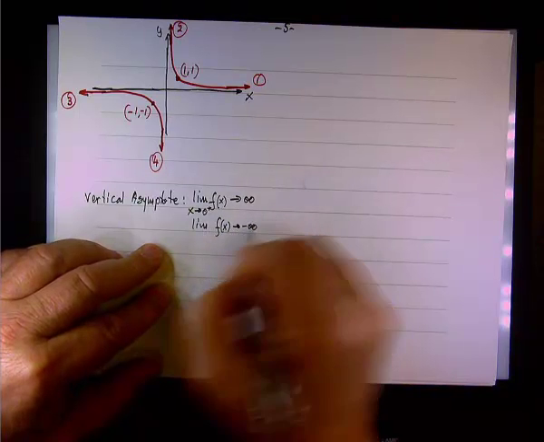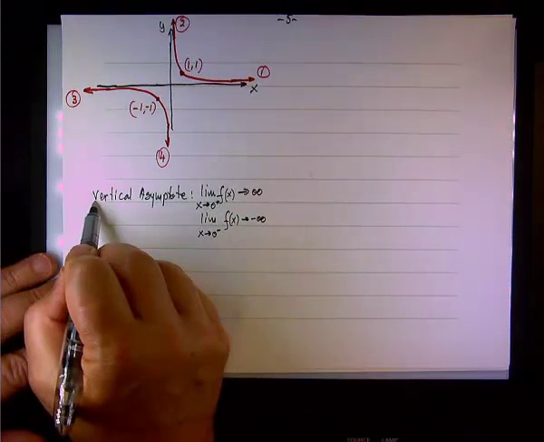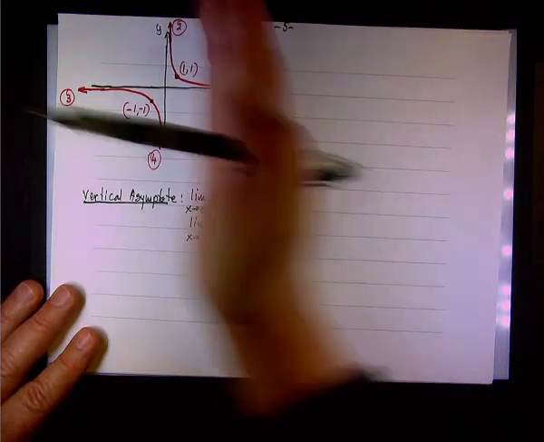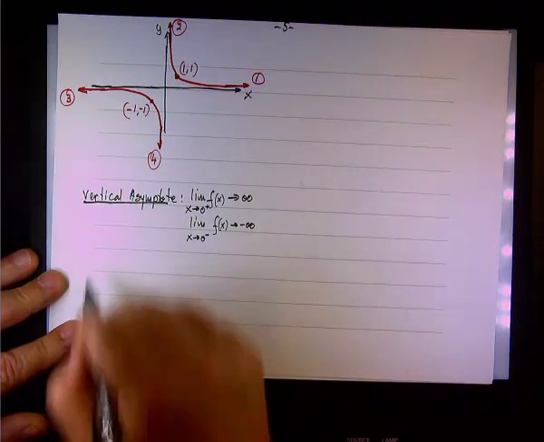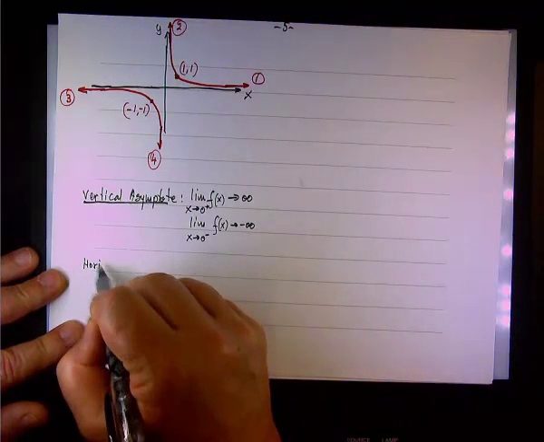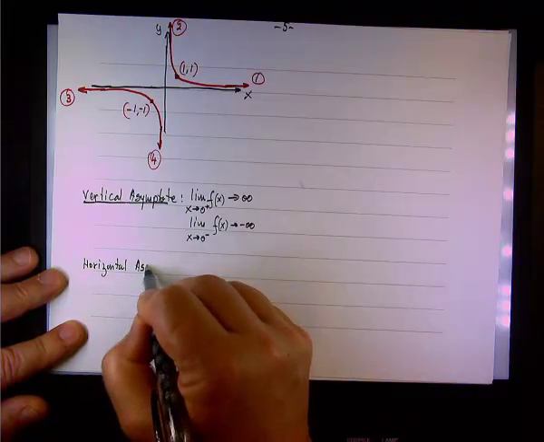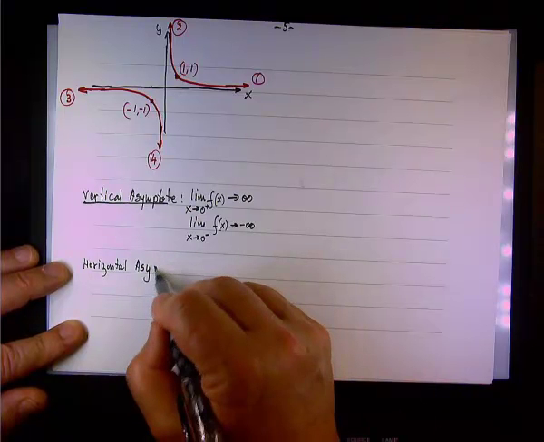Using limit notation, I can say that the limit of f of x goes to infinity as x goes to 0 from the positive side, and the limit of f of x goes to negative infinity as x goes to 0 from the negative side. Those are the vertical asymptote.